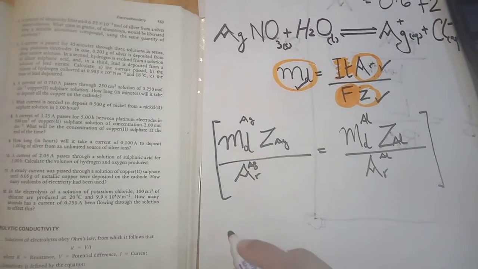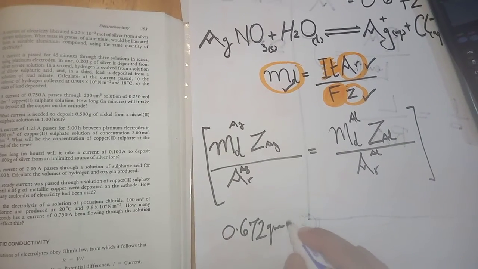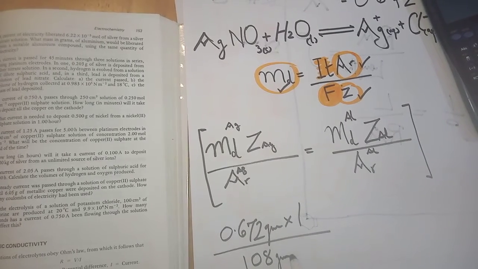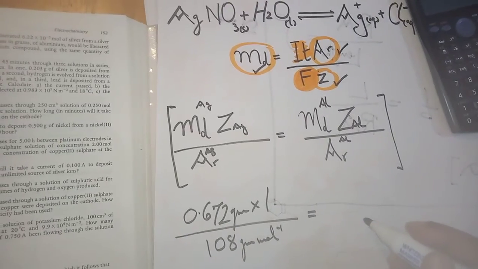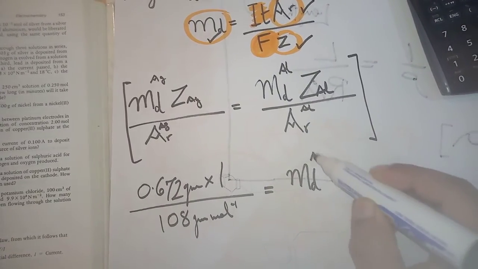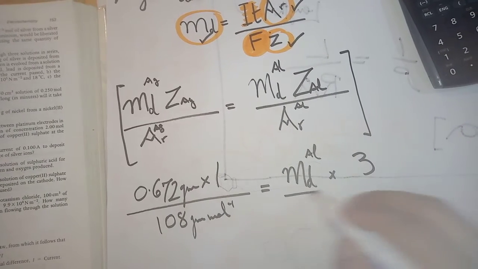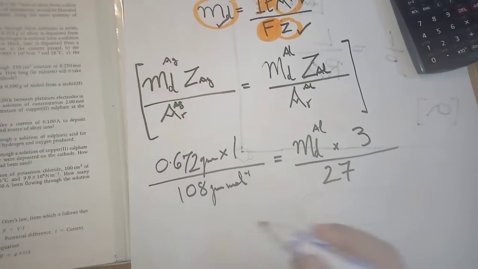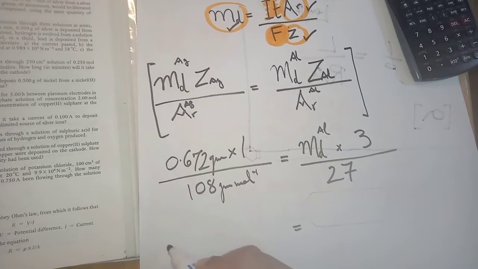So it'll be 0.672 grams times 1 divided by 108 grams per mole. And then we don't know this for aluminium, times oxidation number, which is +3, and then the Ar is 27, so 1/9. So just multiply this by 9.